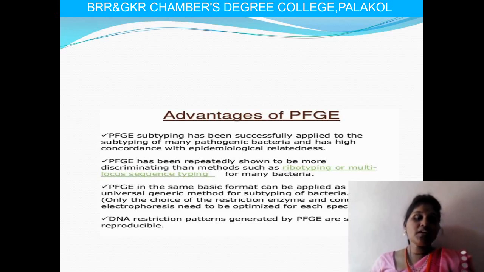Subtyping means that within a major group of bacteria we also have subtypes, and that subtyping of bacteria can be typed or assessed using PFGE.